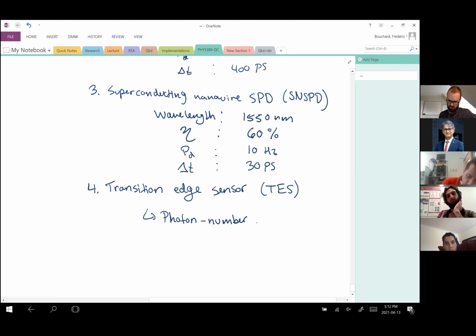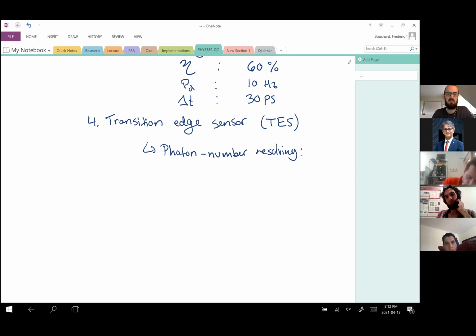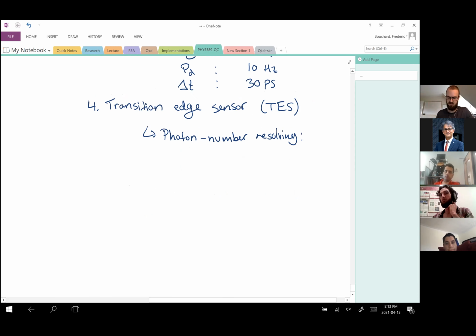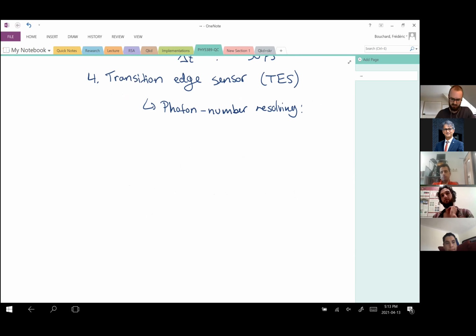This can be really interesting for QKD because you would be able to directly measure the photon number. So you could put that into your analysis and maybe get better results. That's one of the things people started to look into, but not that many people have access to transition edge sensors so far because they're really hard to manufacture and you have to cool them down.